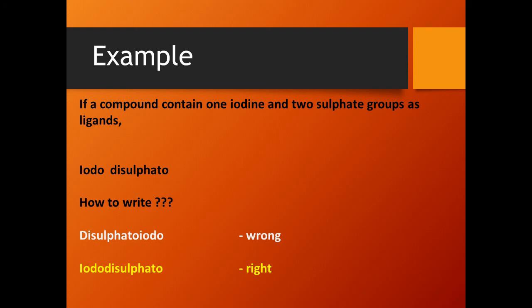And the prefix, which starts with the letter D, should not affect the naming of the coordination compound. Therefore the correct one is iodo disulfato.